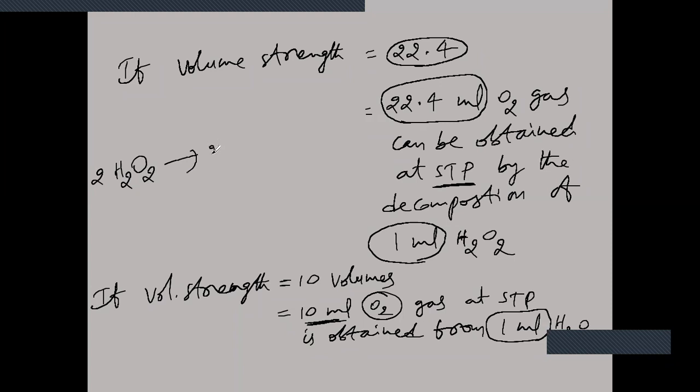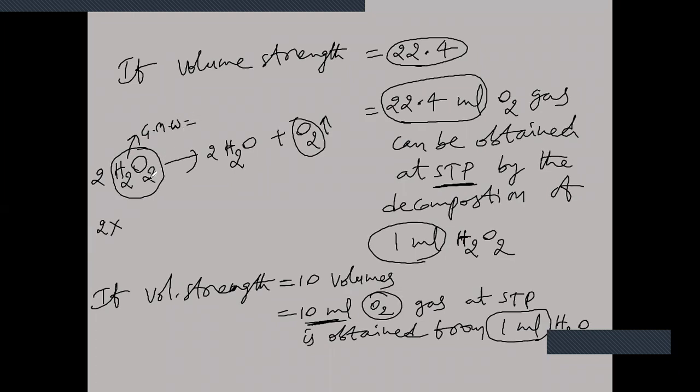So how will H2O2 decompose actually? H2O2 will decompose into 2H2O plus O2, and this O2 gas will be coming. So 2 H2O2 will give 1 mole of O2. Now how many grams here? 2 moles of H2O2.